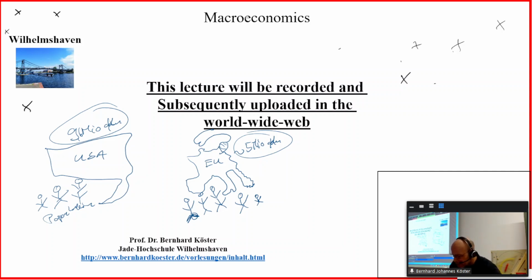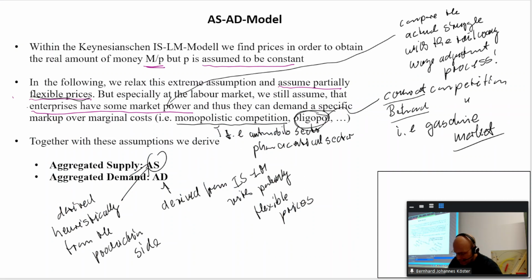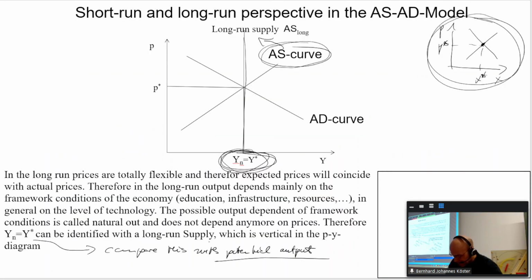So what we did last time was that we talked about the long run, and the long run within the AS-AD model is the very surprisingly long run AS curve, which is just a vertical line in the price-quantity diagram.